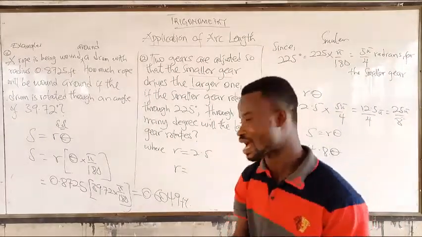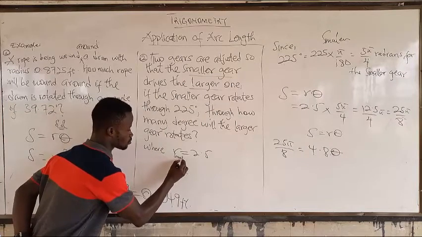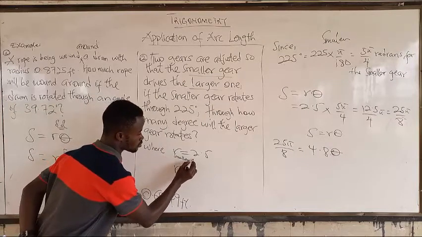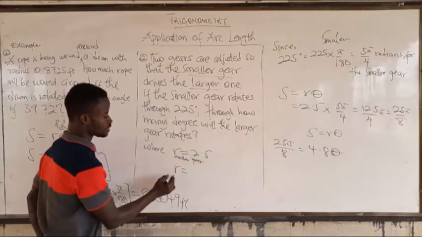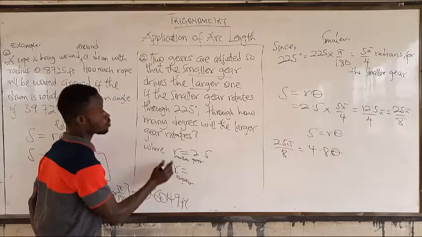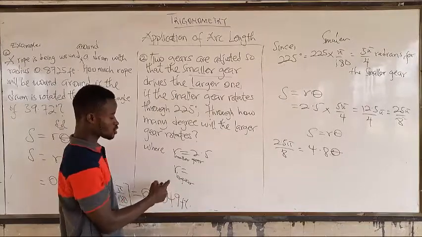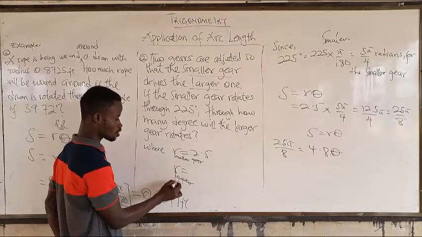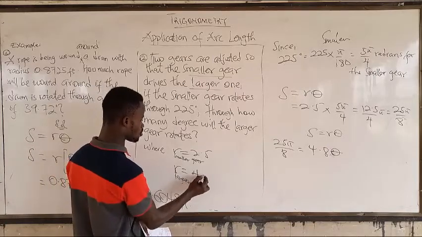So what I mean is that this is for the smaller gear. And for the larger gear, it's supposed to be appearing in the question, but I made a mistake. So for the larger gear, the radius is going to be 4.8.